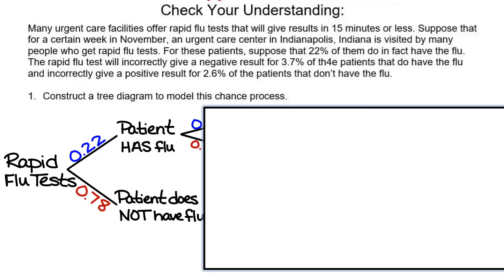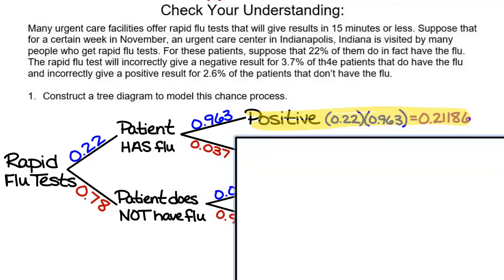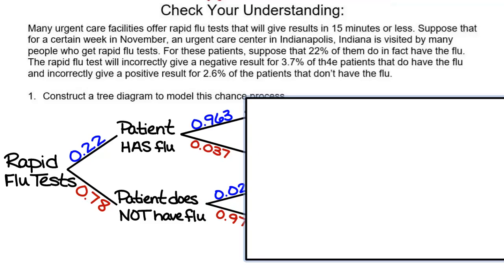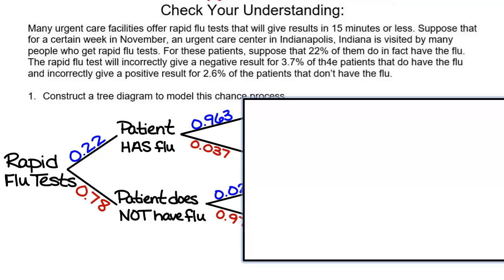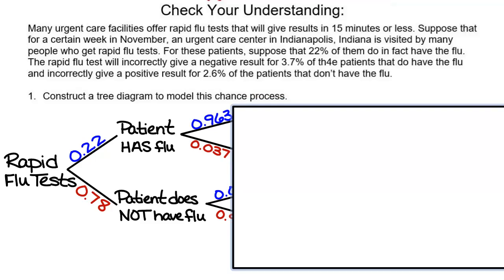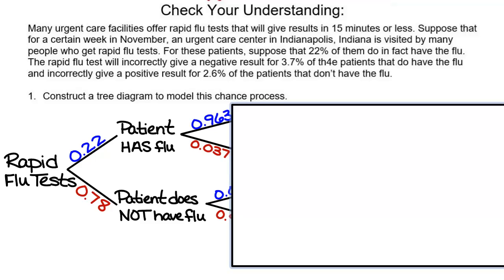So what's the probability that if the patient has the flu, they get a positive test result back? 0.963. Yes, 0.963. Because these two add up to what? Adds up to 1 or 100%. 3.7% chance of this means a 96.3% chance of this.